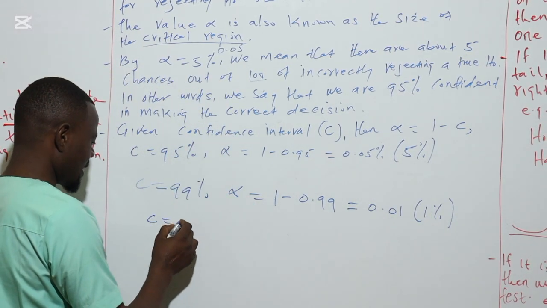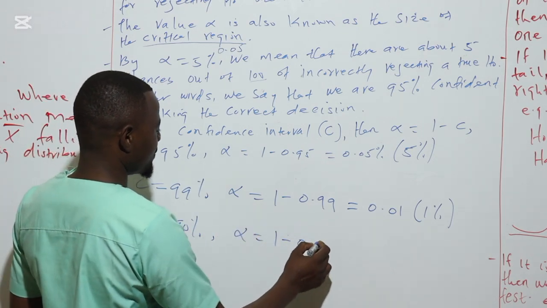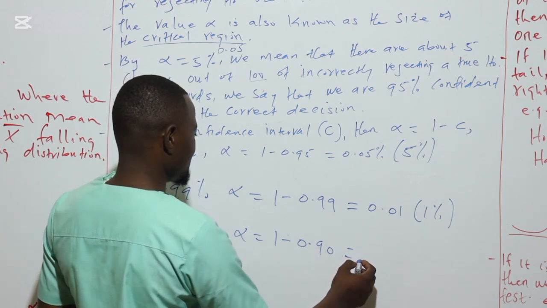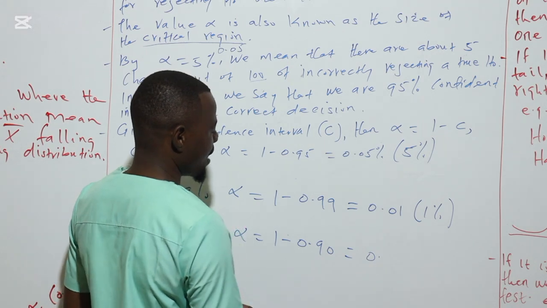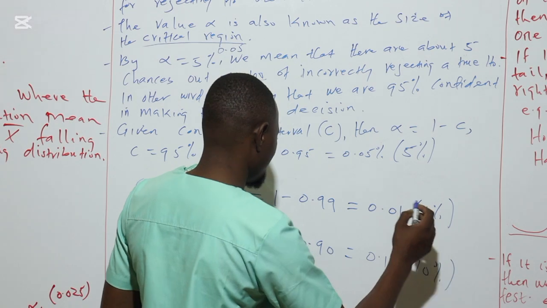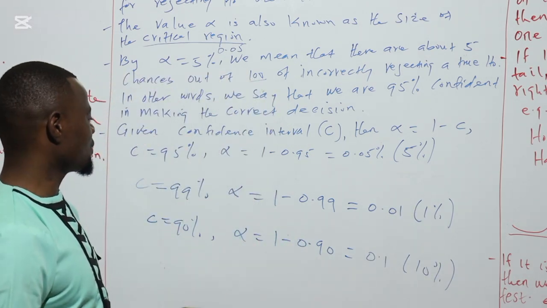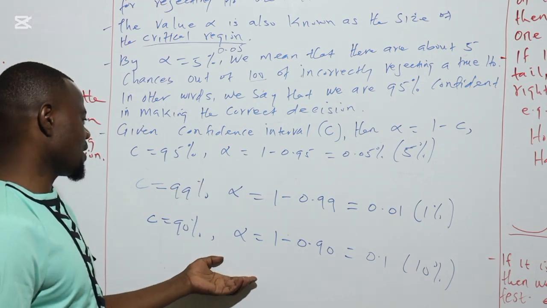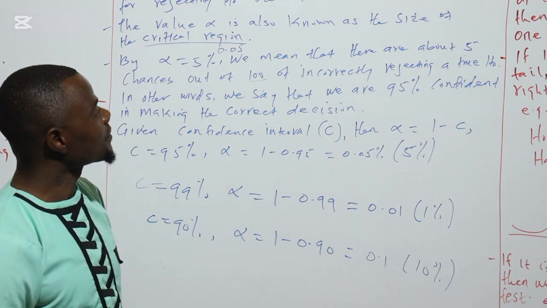When given C to be 90%, then our alpha is 1 minus 0.90, which is just 0.1, and this is just the 10%. That will be our alpha. So this significance level is very important because it is going to help us get the critical values, which we are going to read from either the Z table or the T tables.